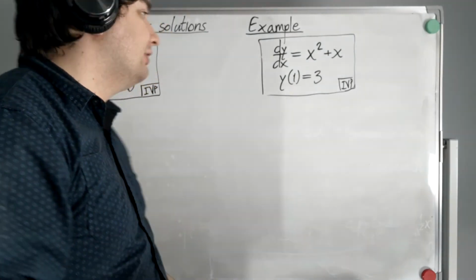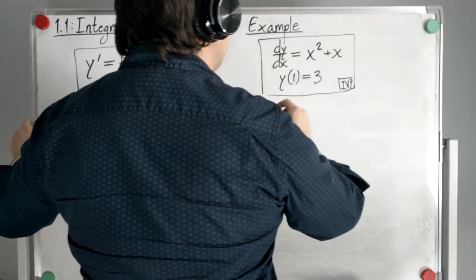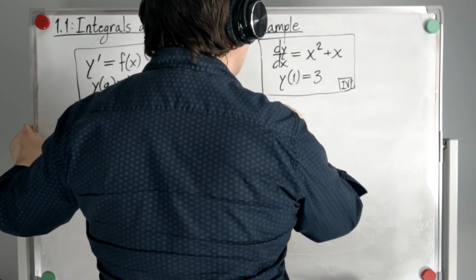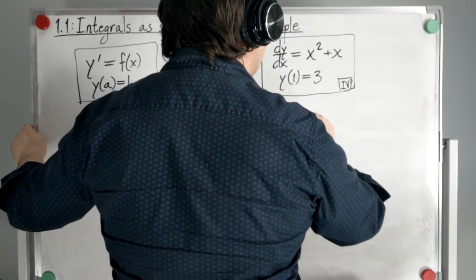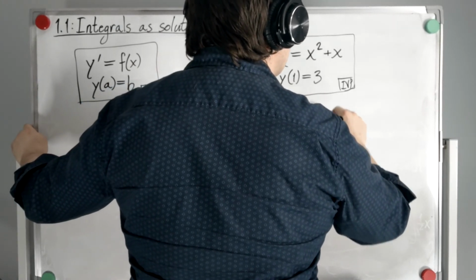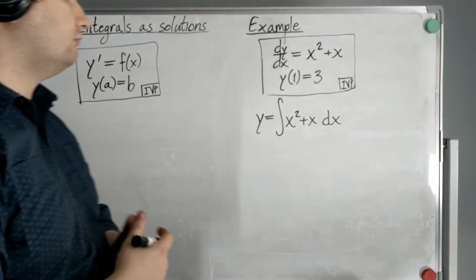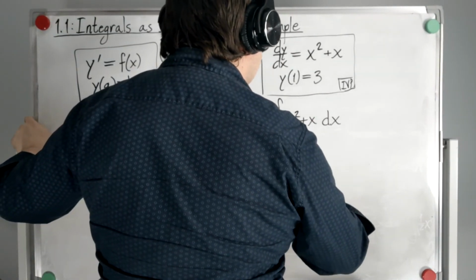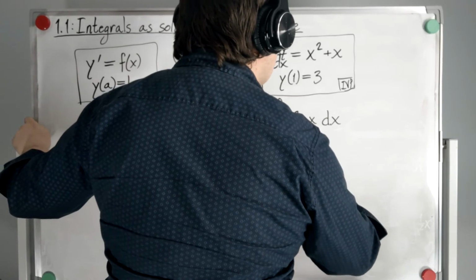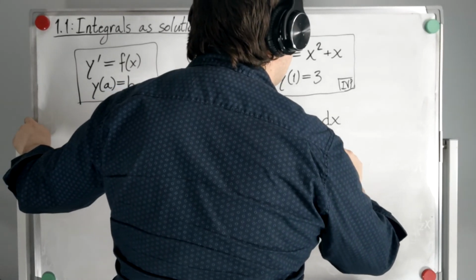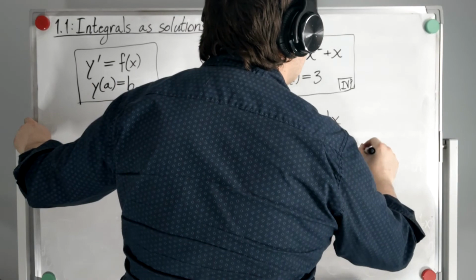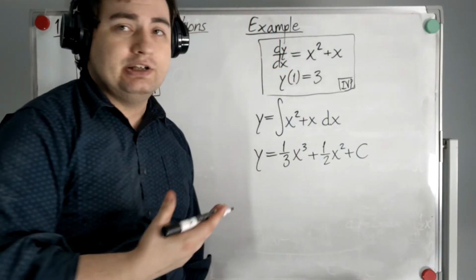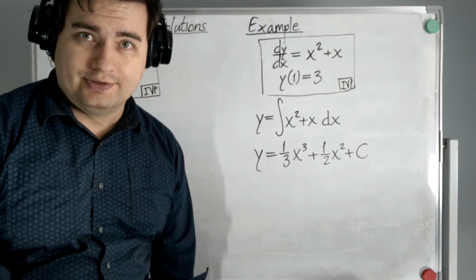Okay? So in our case right here, we have y equals the integral of x squared plus x. And then that turns into y equals 1/3 x cubed plus 1/2 x squared plus c, where c is an arbitrary constant.